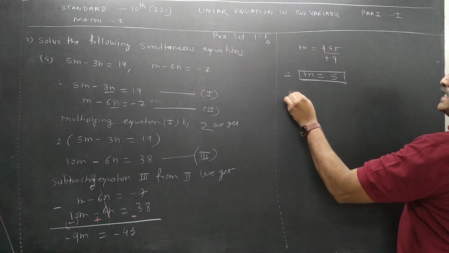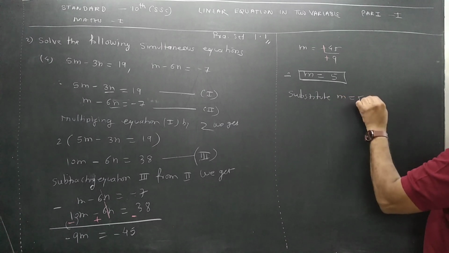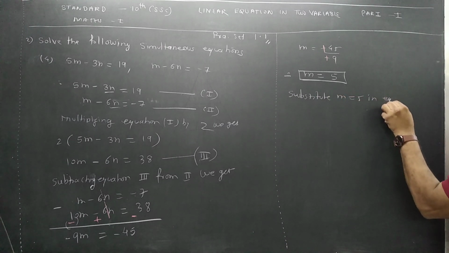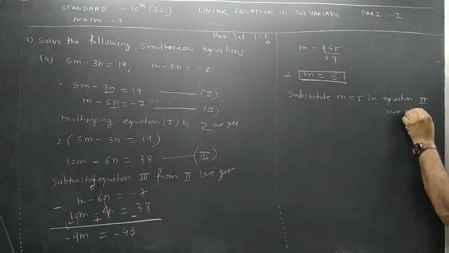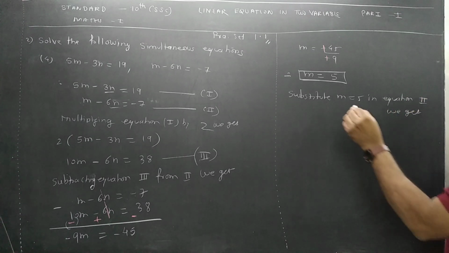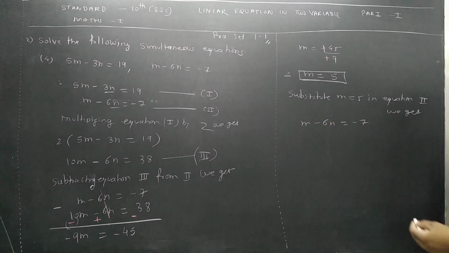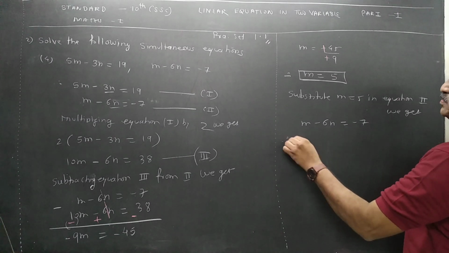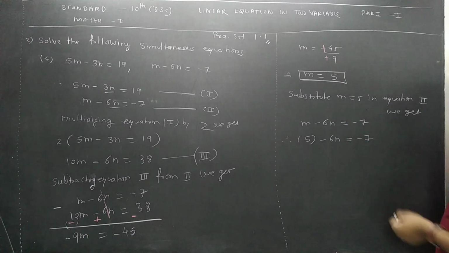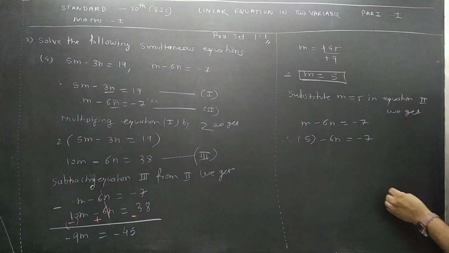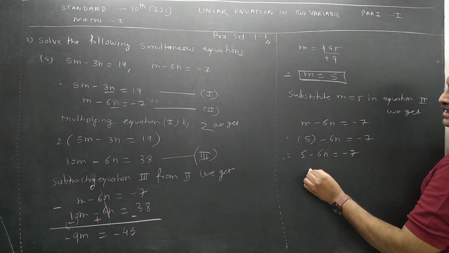So what would I write? Substitute m is equal to 5 in equation 2. So what is equation 2? m minus 6n is equal to minus 7. Please put the value of m in brackets. 5 minus 6n is equal to minus 7.